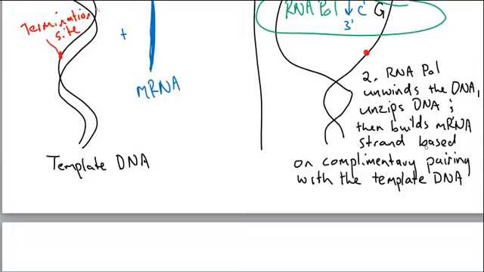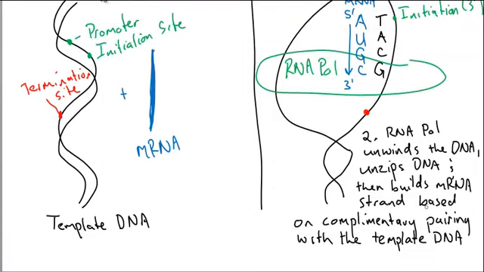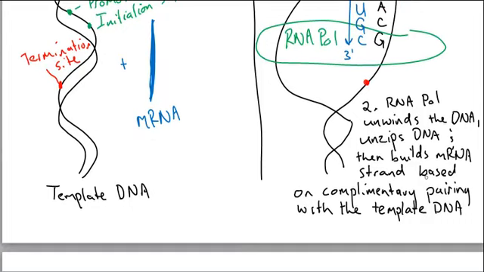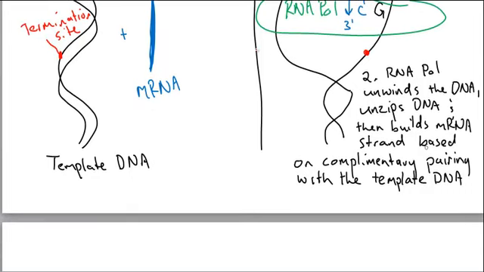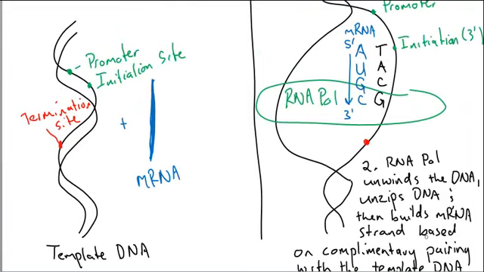So now this DNA can be reused as a template to make more copies of the same mRNA or to make copies of different genes along its length. Now mRNA's next job is to go out of the nucleus to the cytosol to do its job.